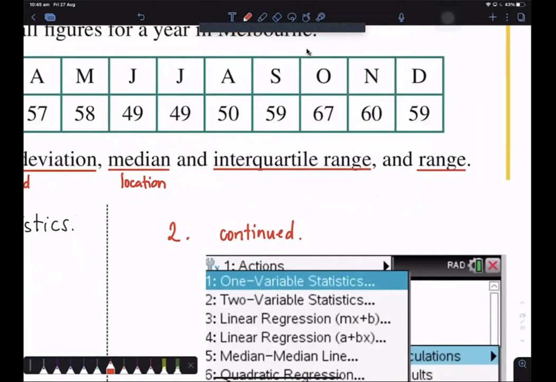Alrighty, which one are these two here? Location or spread? You can type in the chat if you want. Which two? The interquartile range and the range. Is that talking about location? Is that telling us where the center is? Or is it telling us how wide or how narrow it is? Isn't the interquartile range the middle, something like that?